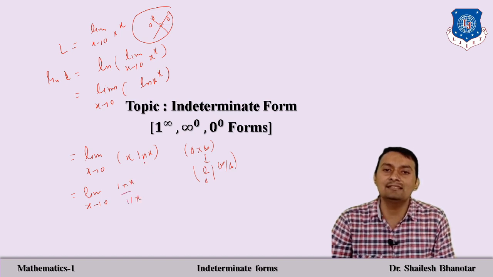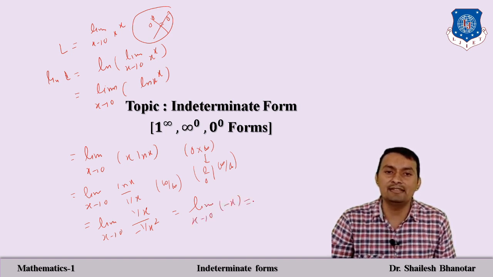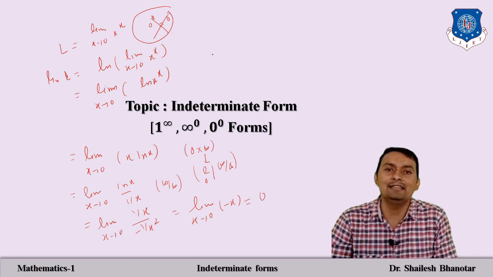But when we apply the limit, we get the infinite by infinite form. So here we can apply L'Hopital rule. The derivative of the numerator is 1 by x, and the derivative of the denominator is minus 1 divided by x square. After simplifying, we get the limit x tends to 0 of minus x, which is 0.